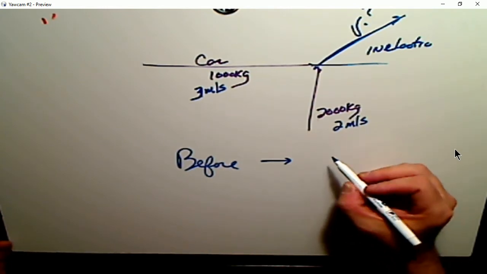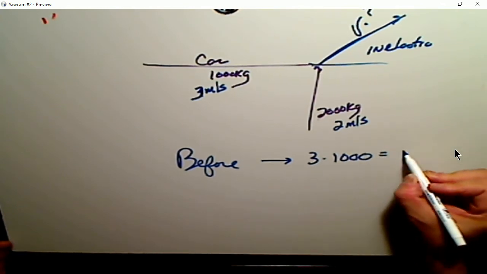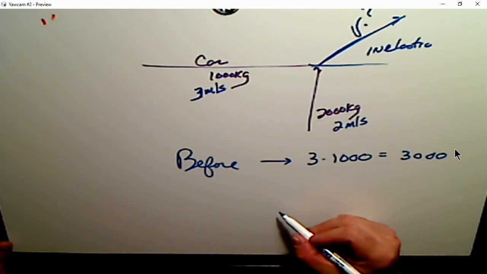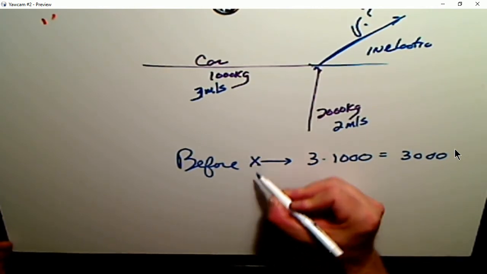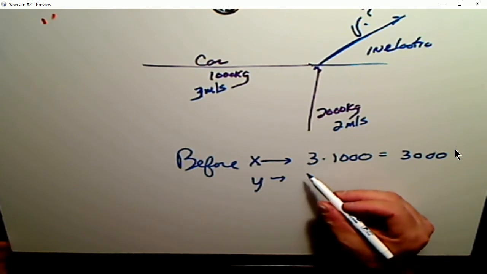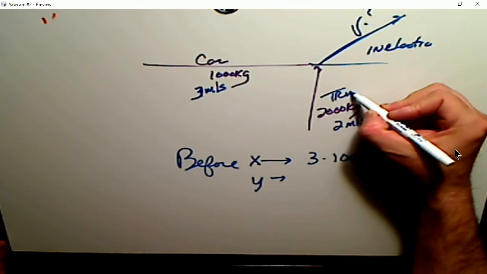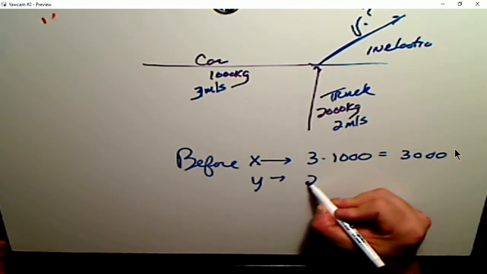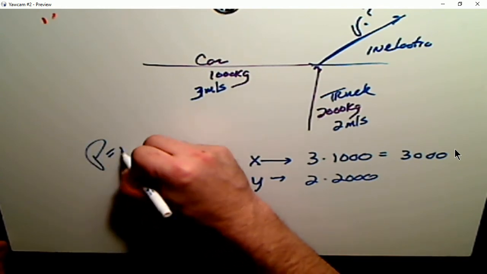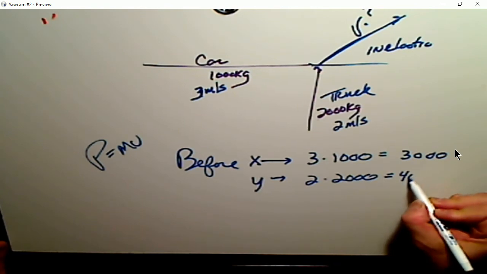Can't read my own writing. 3 times 1,000. Momentum is 3,000. It's in the x. In the y, it's just the truck. 2 times 2,000. P equals mv. It's 4,000.